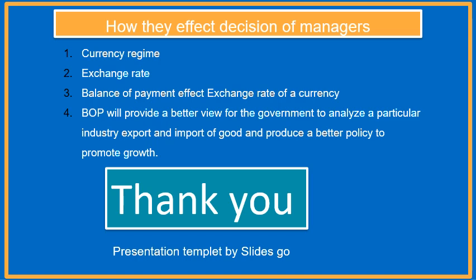But eventually, all of this will affect our decision making as a manager when we want to be involved in international trade. For example, I will prefer to do business in a country that follows a fixed exchange rate system, because there is less uncertainty, and also exchange rate affects my decision as a manager.